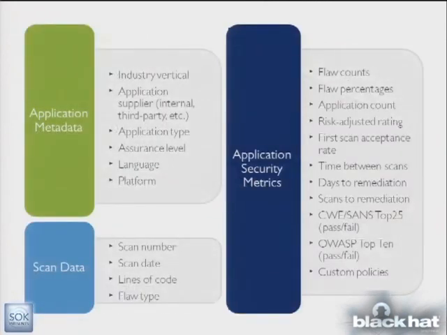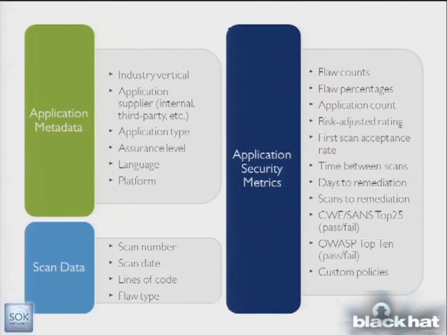So this is the type of data that we collect. Over here we have the application metadata. So we have some information about the application, what industry is it for, who supplied the software, who built it, and we have some data on the type of application, especially for commercial vendor code, because just by the name of the application and the company, we can look up what the software does.